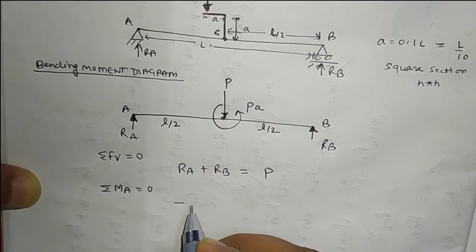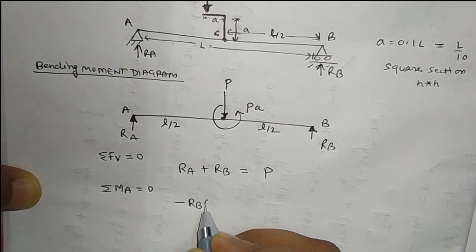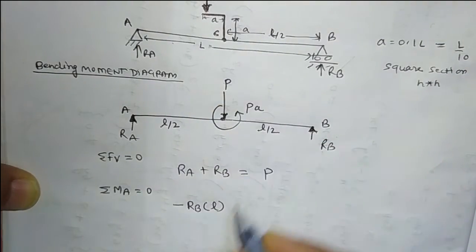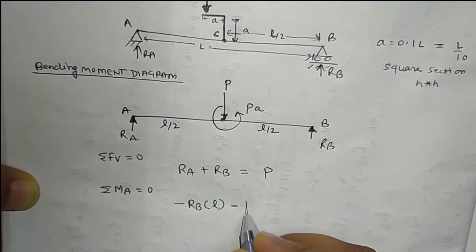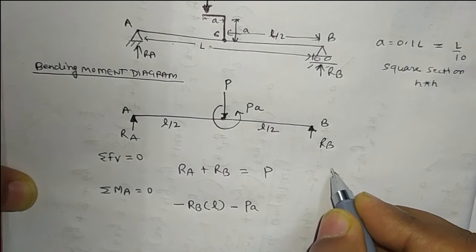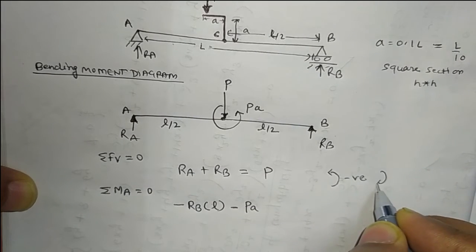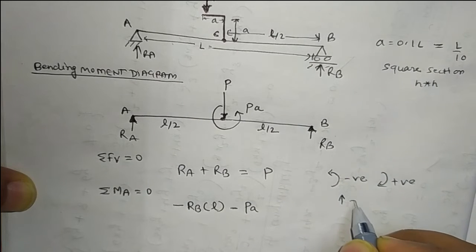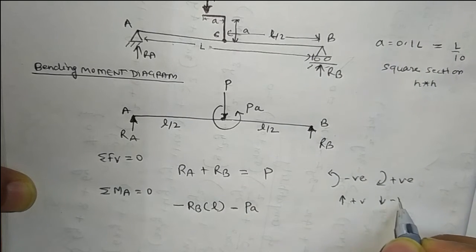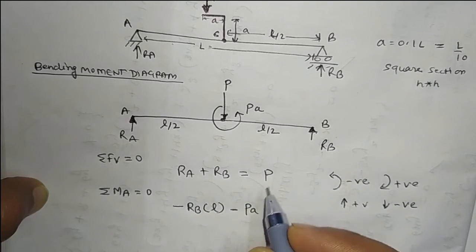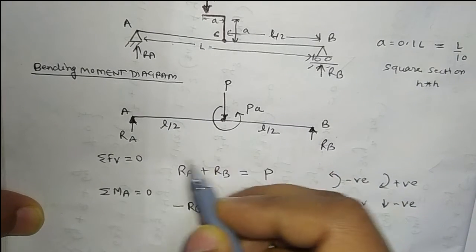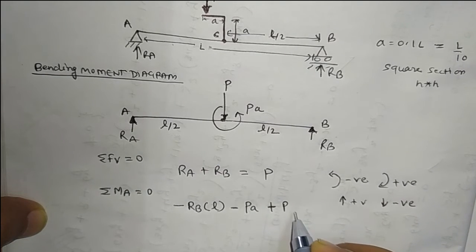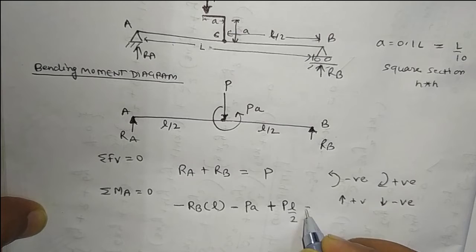So minus RB L, this is anti-clockwise, so we are taking anti-clockwise negative and clockwise positive, and vertical force upward positive, downward negative. This force will produce a clockwise moment about point A, P into L by 2, equal to 0.